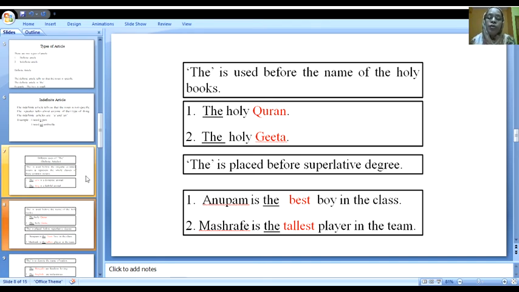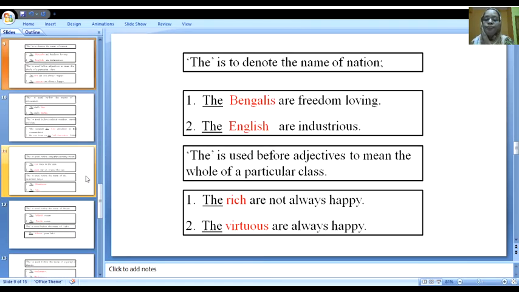So you must put definite article the before the superlative form of adjective. Look at the example. Anupam is the best boy in the class. Here best is the superlative form of good. And number 2, Mashrafi is the tallest player in the team. Tallest, which is the superlative form of adjective tall.